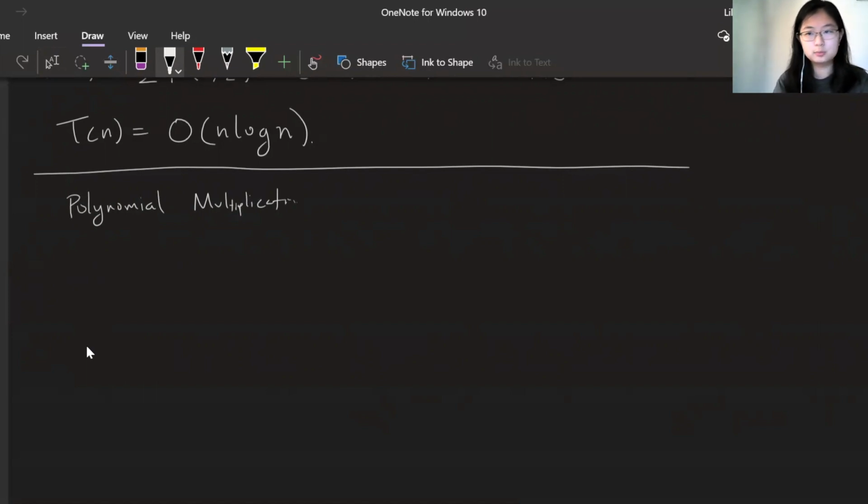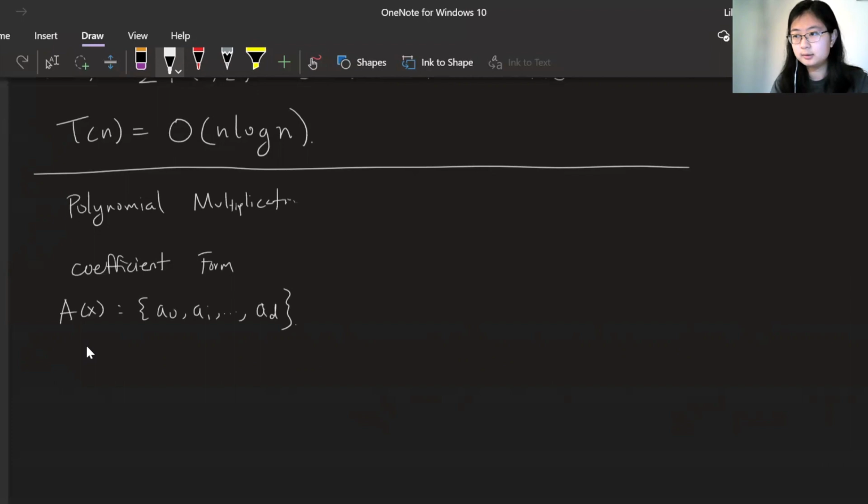Remember, we started with the coefficient form, where we represent some polynomial by just a set of its coefficients. So we're dealing with a degree d polynomial. Okay, and then it's hard to multiply in this coefficient form, but we said it's easy to multiply in values form, right?